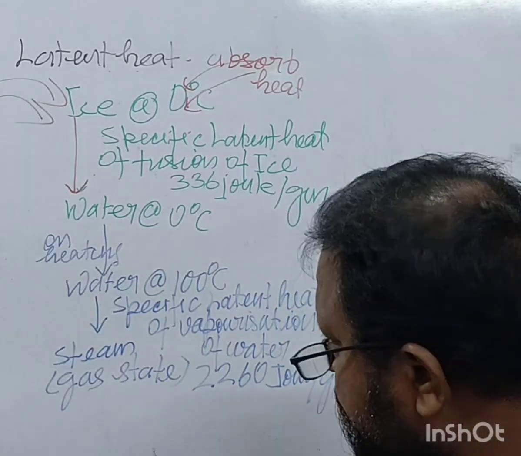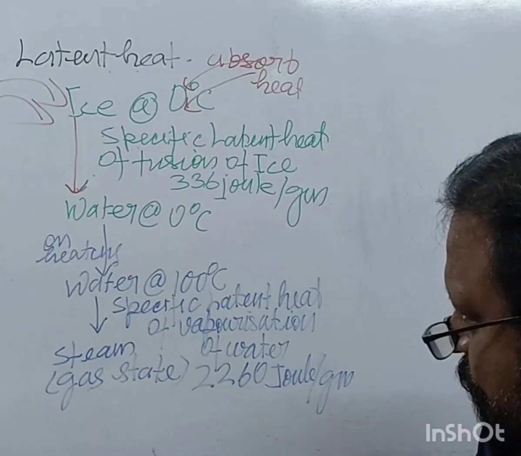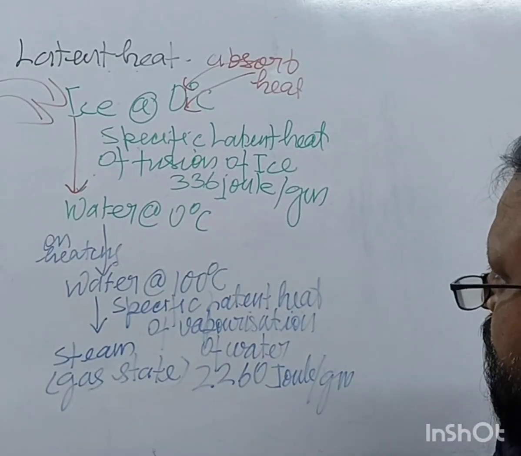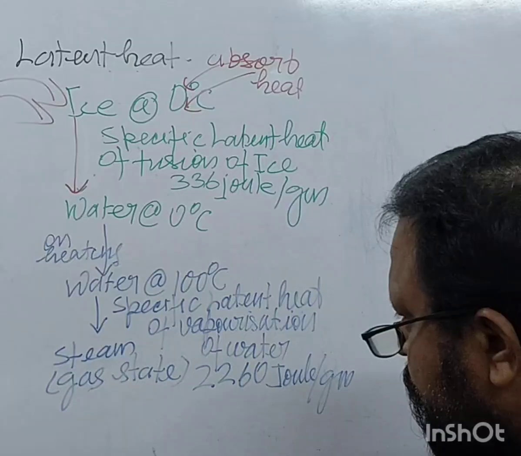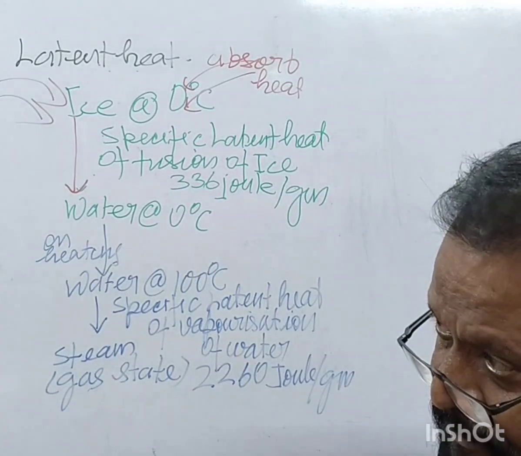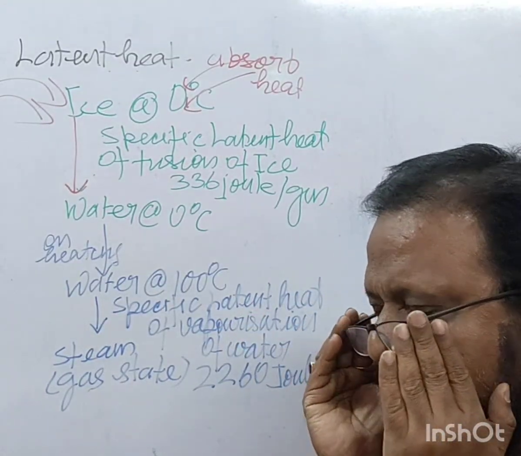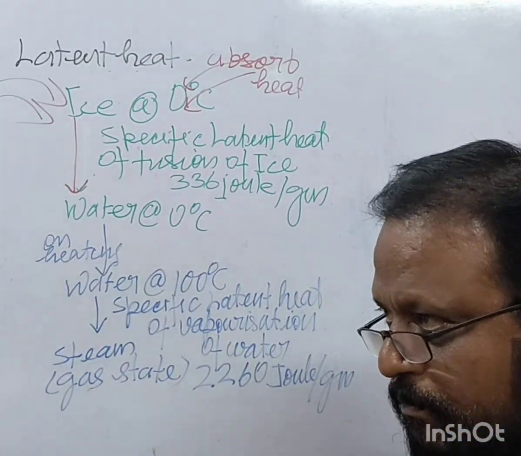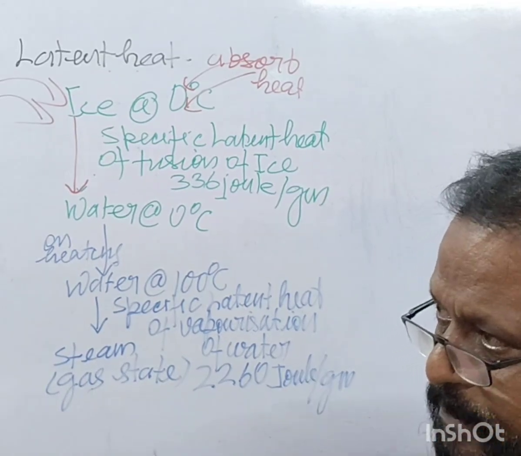So we have latent heat, and latent heat of vaporization, specific latent heat of fusion of ice. Specific latent heat means unit mass, and when we talk about latent heat, it means the whole object, right?